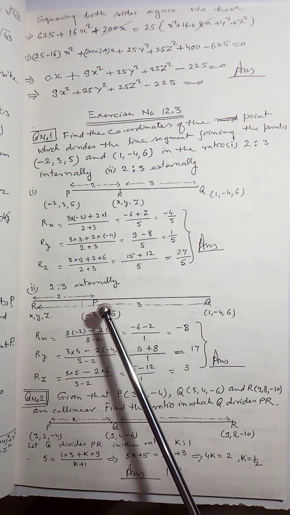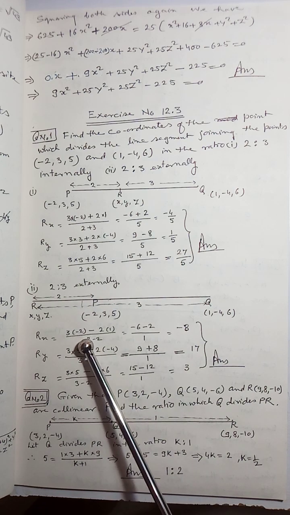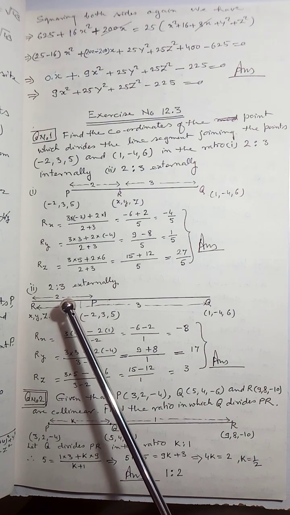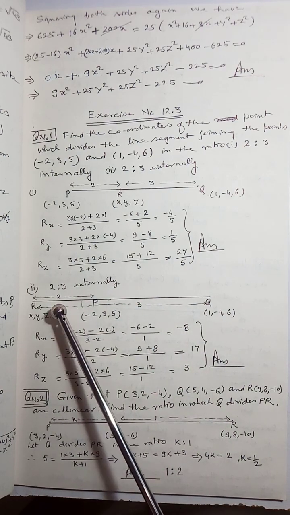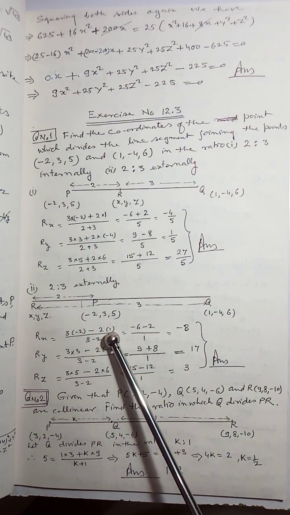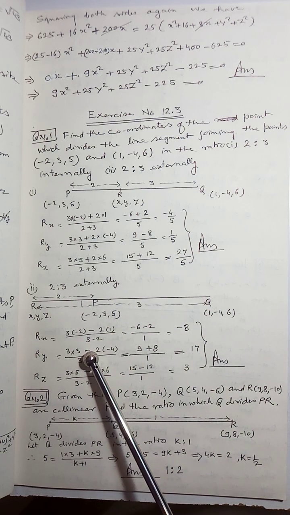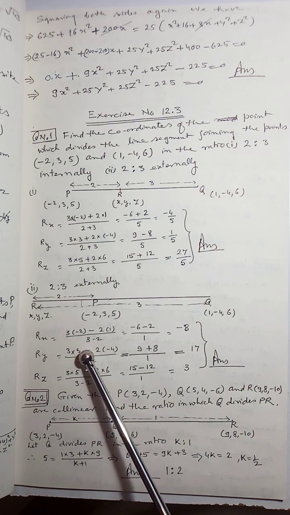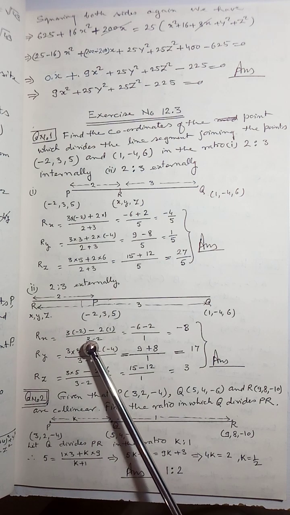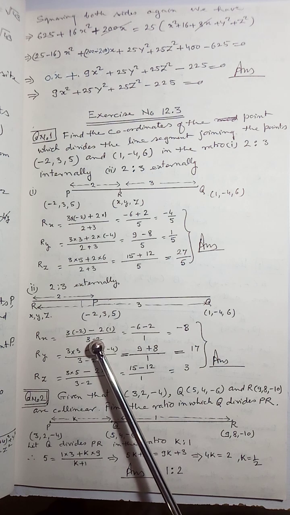3 into -2 minus 2 into 1, whole divided by 3 minus 2, because it is external, so we take 3 minus 2 here, and in the numerator there will also be the minus.